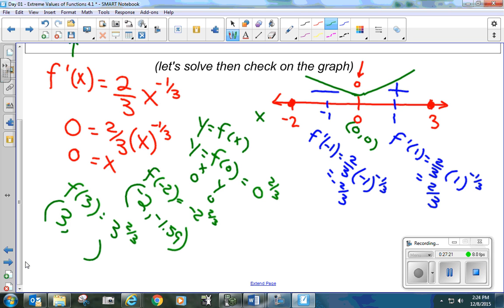Come on. 2.08, is that right? Wait a second. 3 to the 2/3, I think that's 2.08. So this will be at the point (3, 2.08).